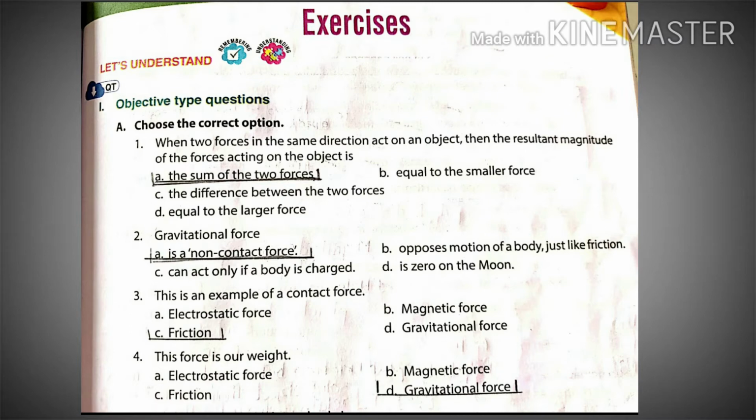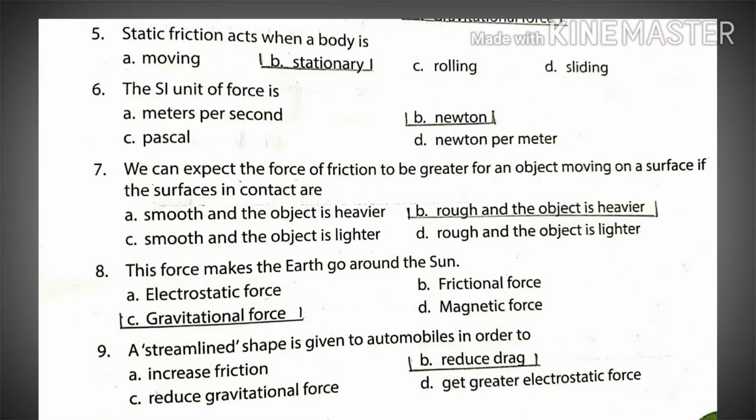Answer is option C, gravitational force. Now, fifth, static friction acts when the object is, answer is option B, stationary. Sixth one, the SI unit of force is, answer is option B, Newton.